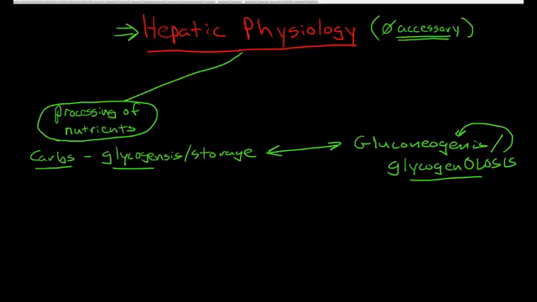Now, this is all mediated by insulin and glucagon. So if you think about when we are in a state where we are making glycogen, we have a lot of insulin and not very much glucagon. So when does this happen? Well, this happens right after a big meal, right?